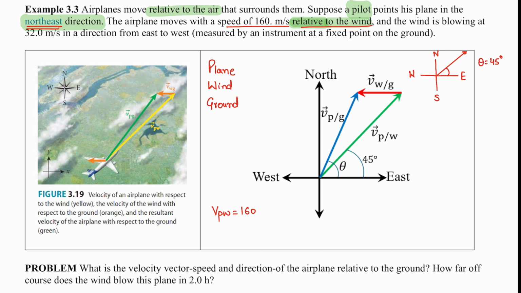Clear? And the wind is blowing, velocity of wind with respect to ground, 32 meters per second, from east to west. So what are we looking for? The velocity vector, speed and direction of the airplane relative to the ground, and how far the wind blows this plane in 2 hours.